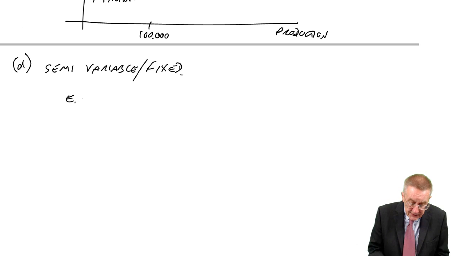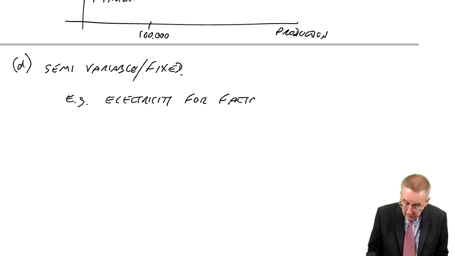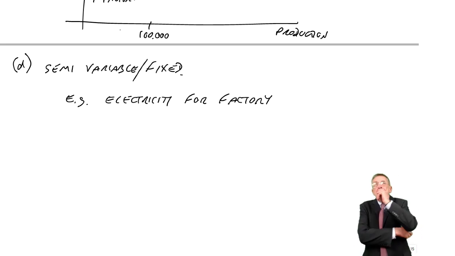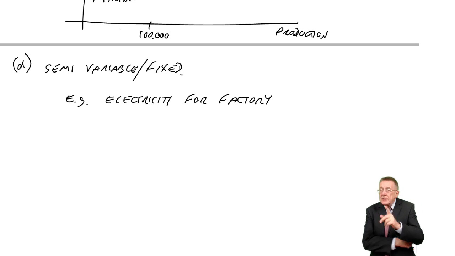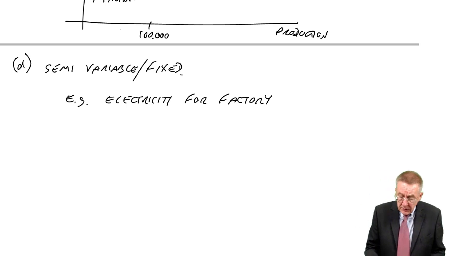For instance, electricity for the factory, maybe we get one electricity bill each month. But we're using electricity for 2 things. We're using it to power the machines.